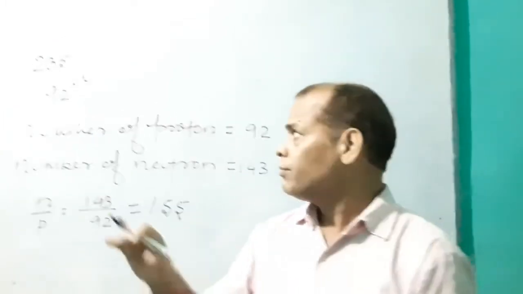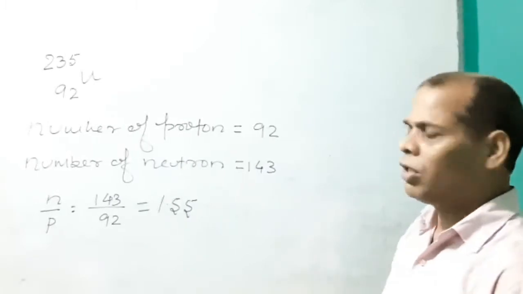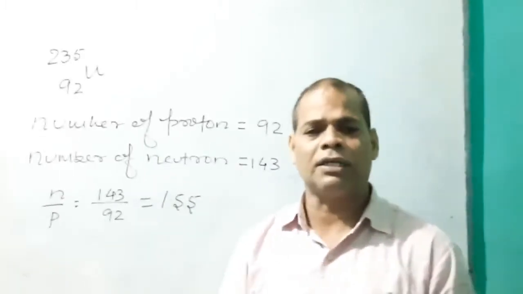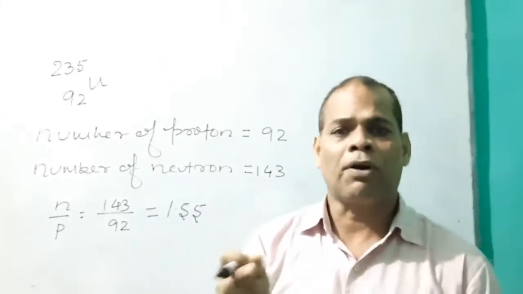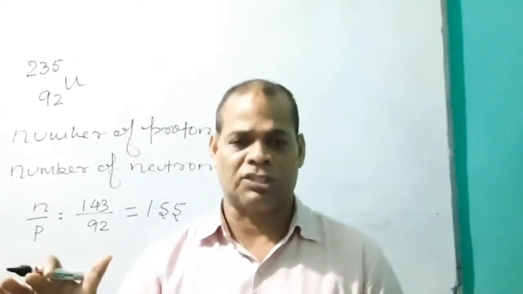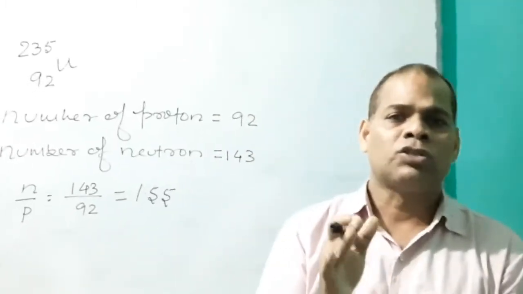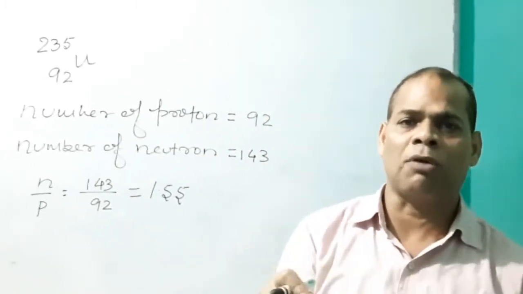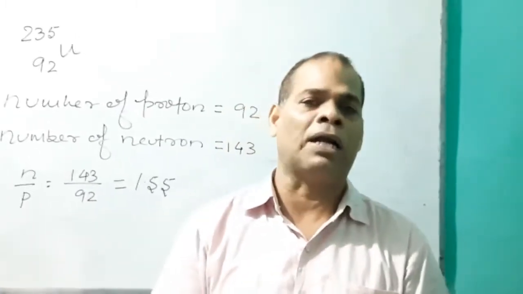So now, what is an alpha particle? Because you now came to know that the source of alpha particle is from the radioactive element. Now what is an alpha particle?